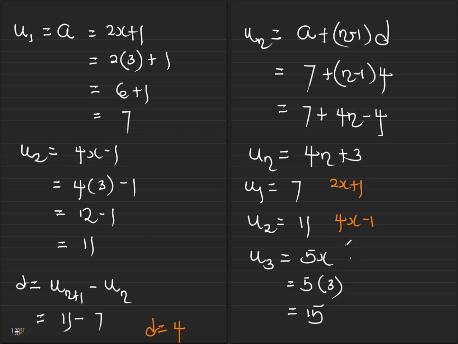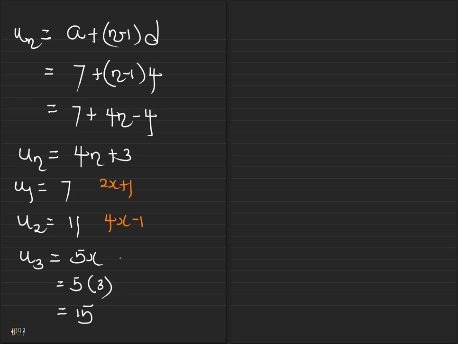But the fourth term was given as m. So our fourth term, which is u4, was given as m. But how do we get it? That is why we need this formula. That was why we went through all we did to get our d and then our a.